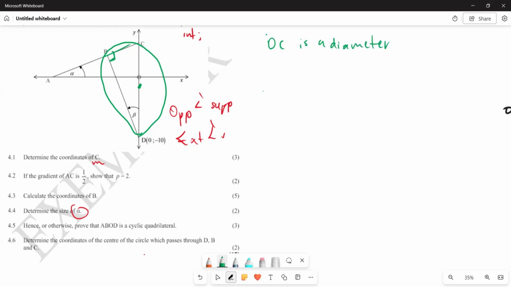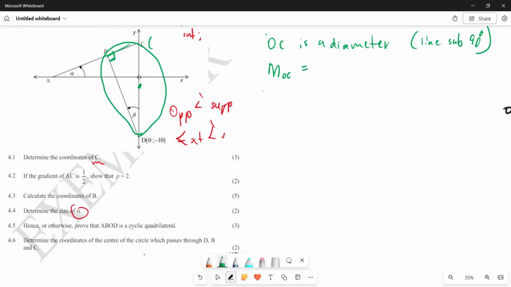Why are we saying this is a diameter? Because it's the line subtended by a 90-degree angle, right? Can you see here you have a 90-degree angle, right? So basically that is going to be that. Now, which means we are looking for the midpoint of your D and C. If you are looking for the midpoint of your D and C, you must just use the coordinates of your C here.